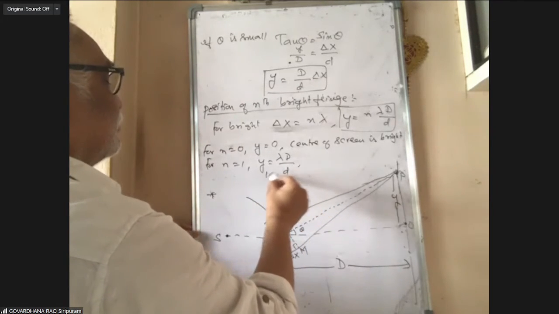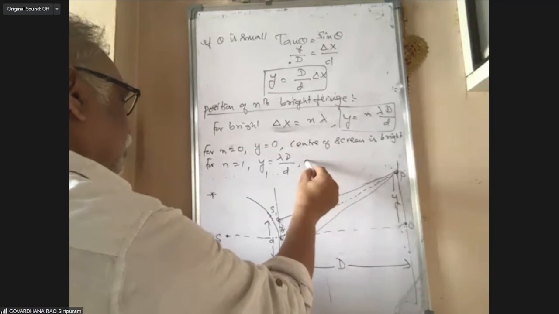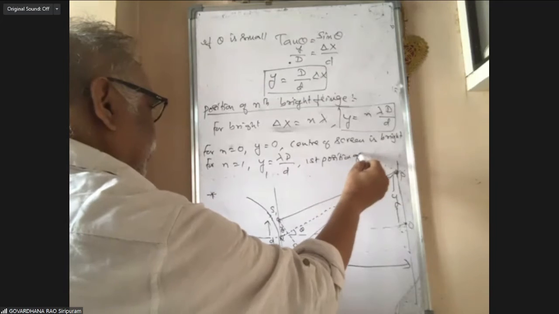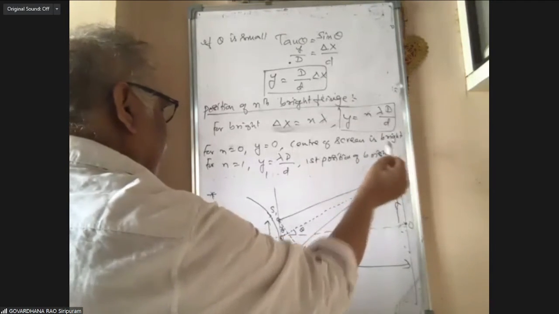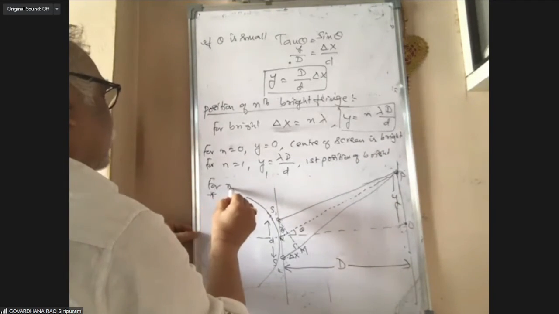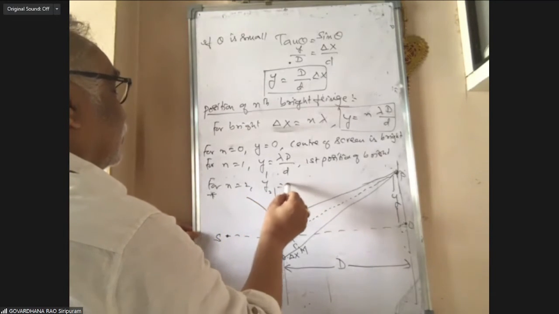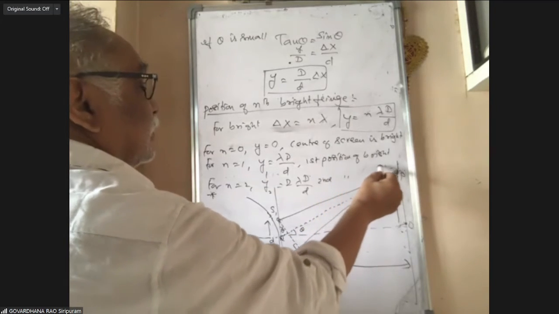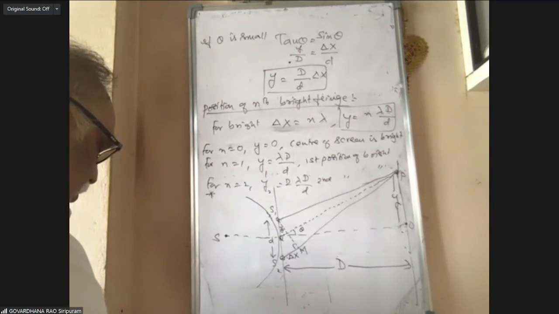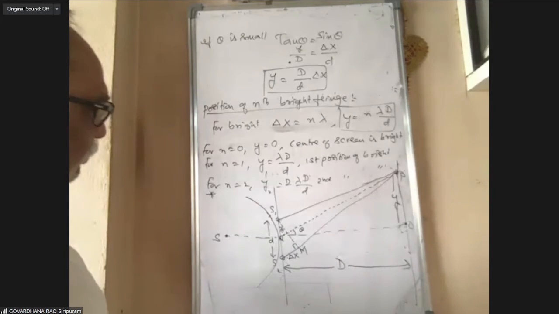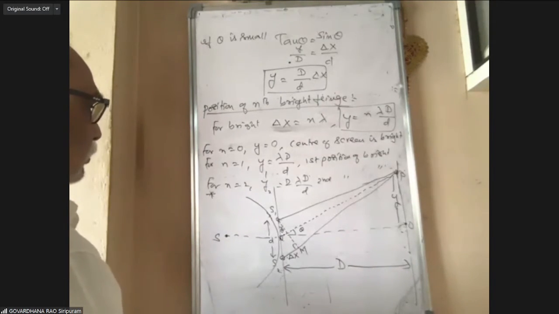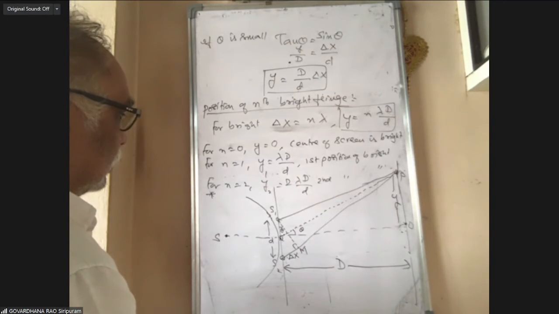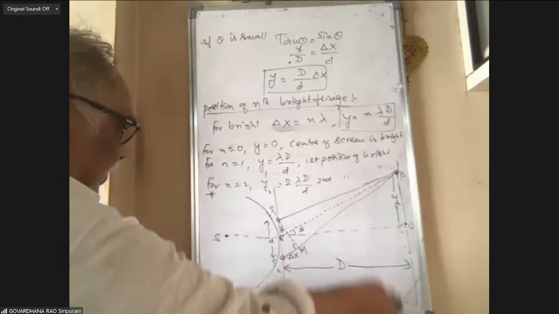This is the first position of bright. For n equal to 2, y equals 2 lambda D by small d, the second position of bright. Okay? After this, I'll show the figure of how dark and bright fringes look.